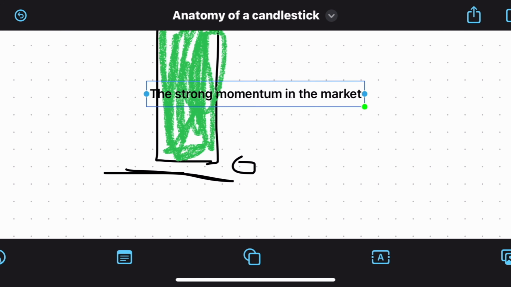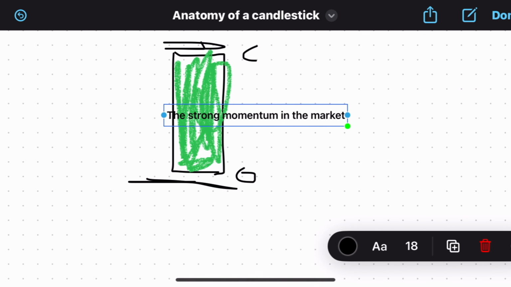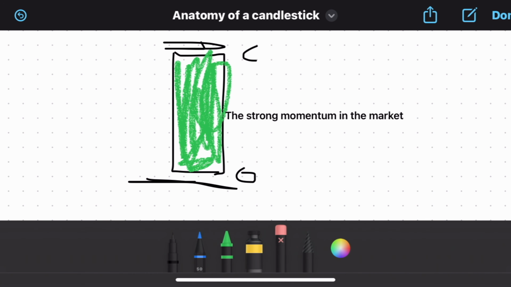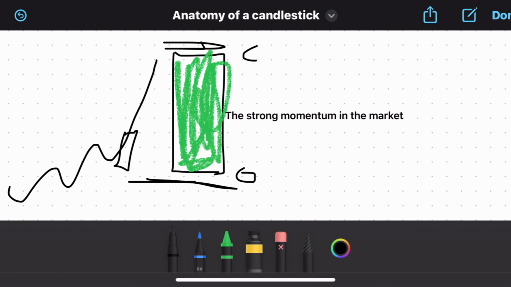So anytime you see a Marubozu candlestick, it tells you that there's a lot of momentum in the market. So one way of applying this candle is when you are in a trend, right? Usually an uptrend for this purpose, an uptrend, right? And then you come across a Marubozu candlestick, it indicates that the trend could continue upward.